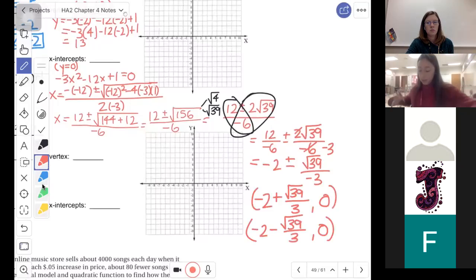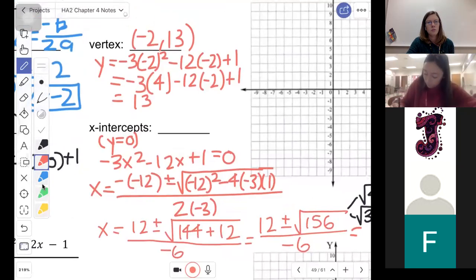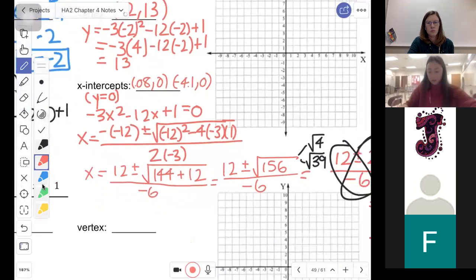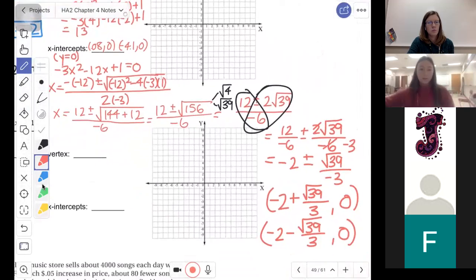And Jordan, tell me what you get once you plug those in your calculator. I got 0.08 and negative 4.1. Perfect. And I'm gonna write them as my intercepts on those lines. So that one was the tricky one with our x-intercepts there.